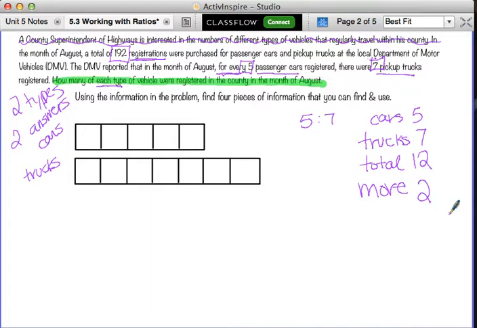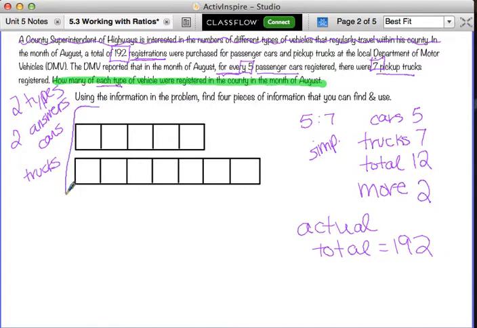Now, where does this 192 come in? Well, remember, this is simplified, and then we have actual information. In this case, we have the actual total, which is 192. So we know that altogether, this gives us 12.